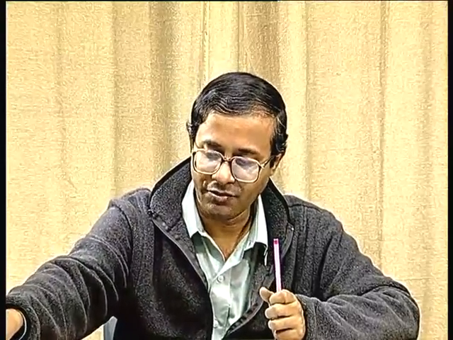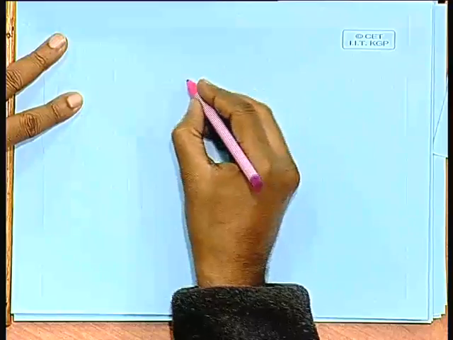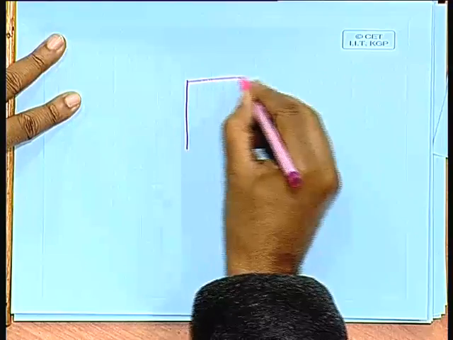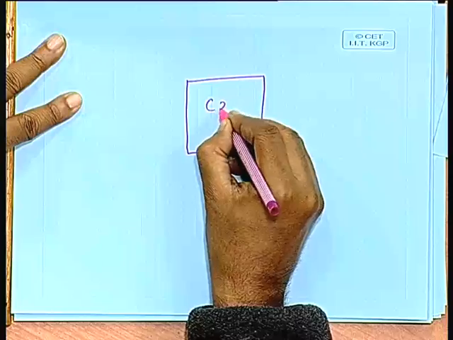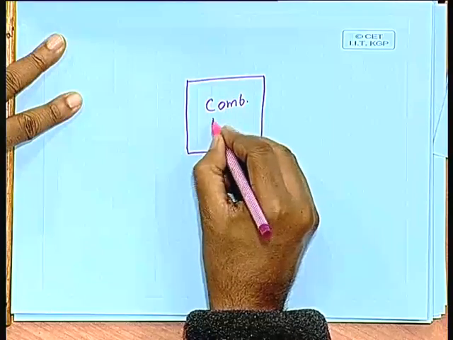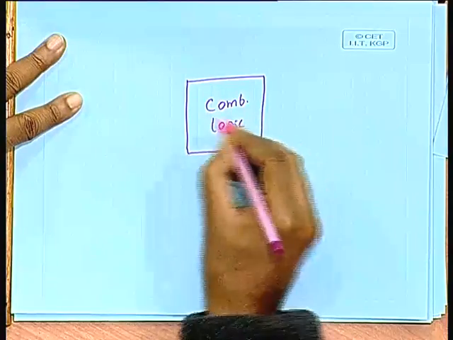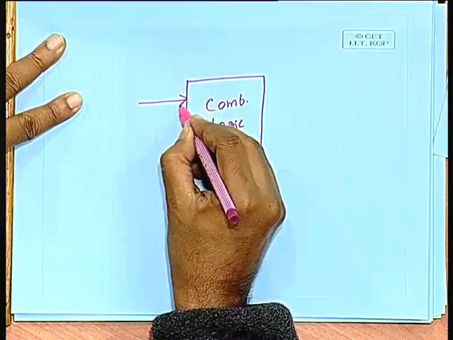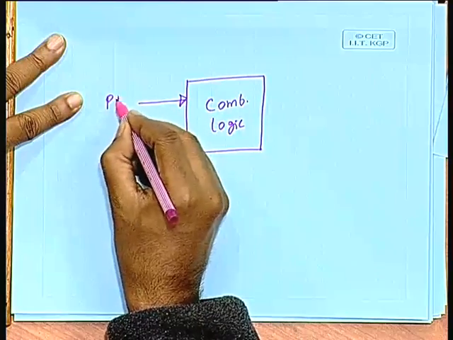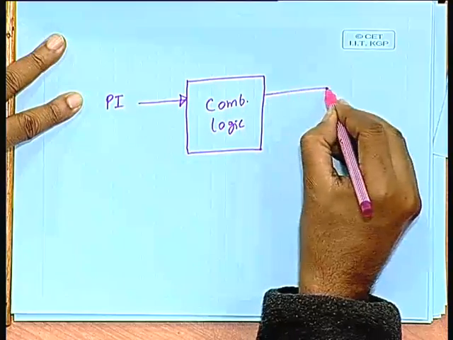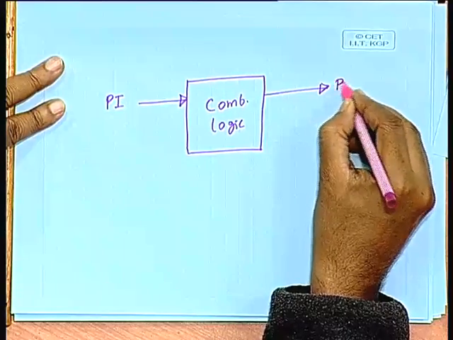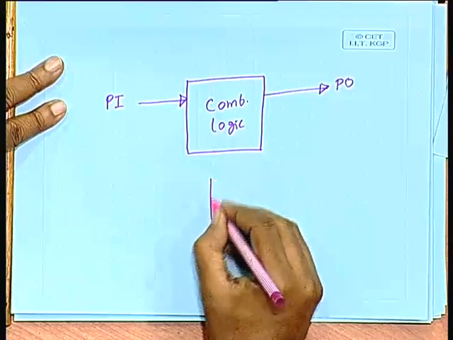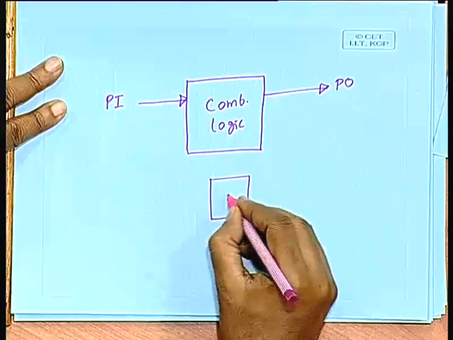Let us try to understand what we are doing. In the model of a sequential circuit, I am drawing it in a slightly different way. You have a combinational part, this is the combinational logic, this is your primary input, this is the primary output, and you have some state variables here.